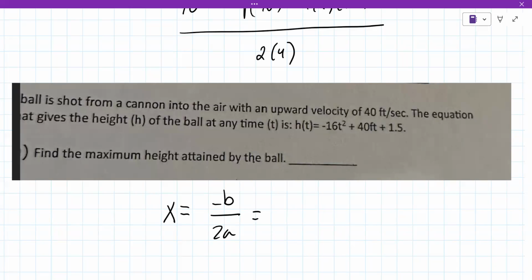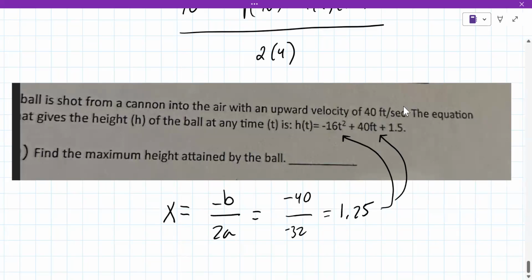Negative 40 over negative 32. Okay. So that becomes 1.25, I think. All right. So then to find the actual height, you have to put this value back in for t.